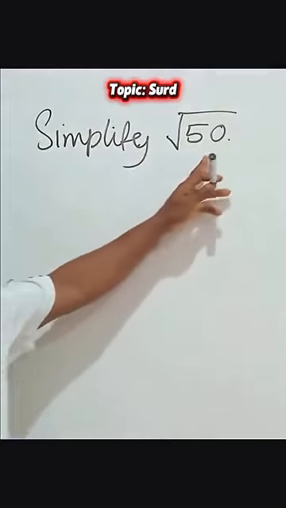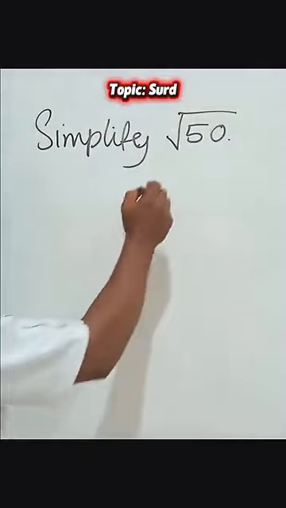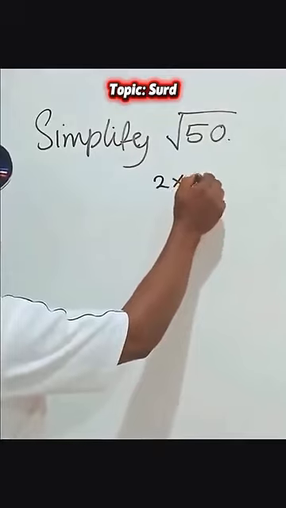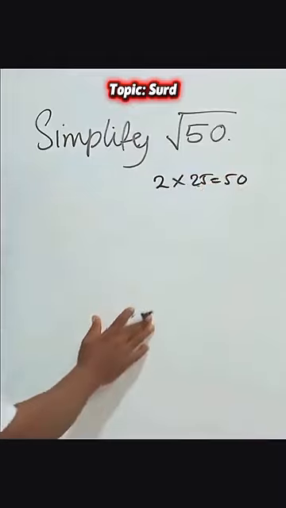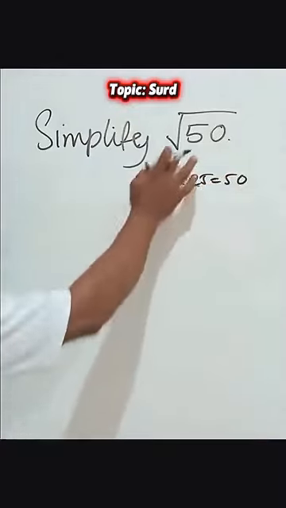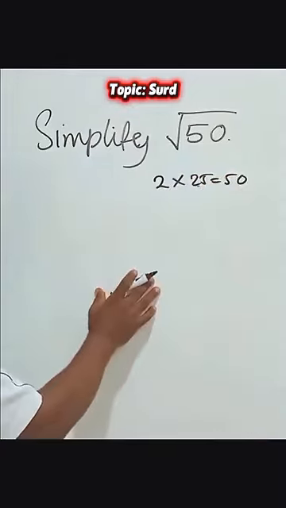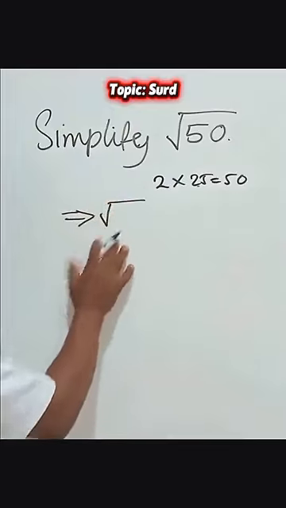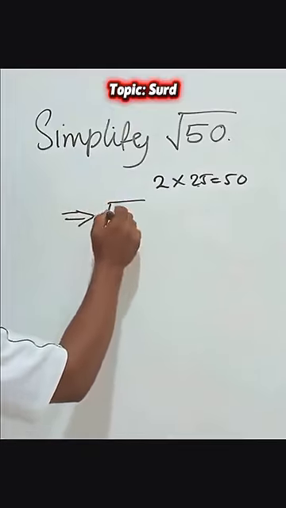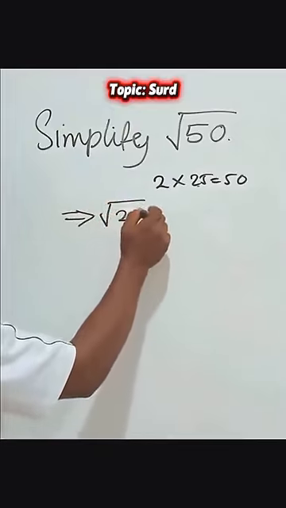Simplify the square root of 50. Now, we know that 2 times 25 is equal to 50. Therefore, the square root of 50 can be expressed as the square root of 25 times 2.